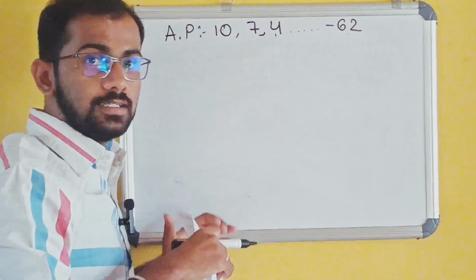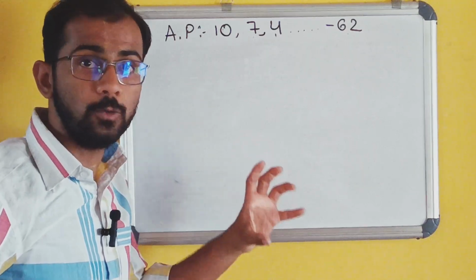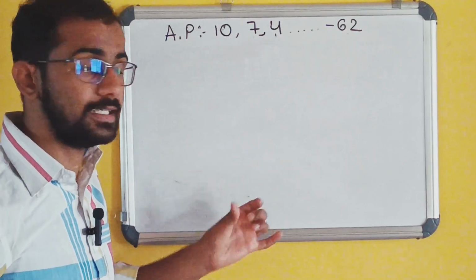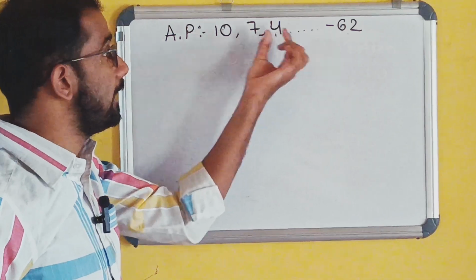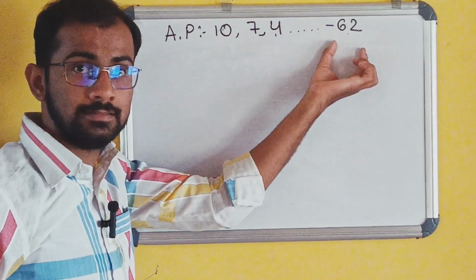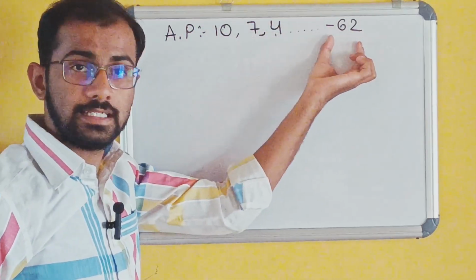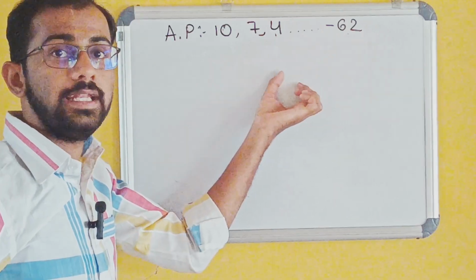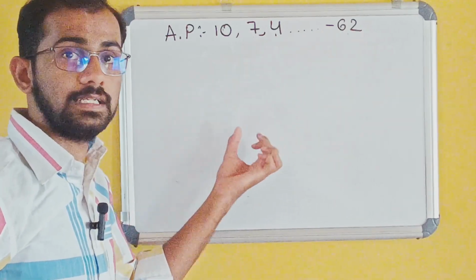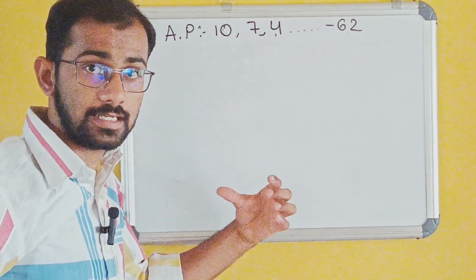If you consider the sequence straightforward, first we need to calculate how many terms are present in the given sequence, from the first term, 10, to minus 62. That is the first task.